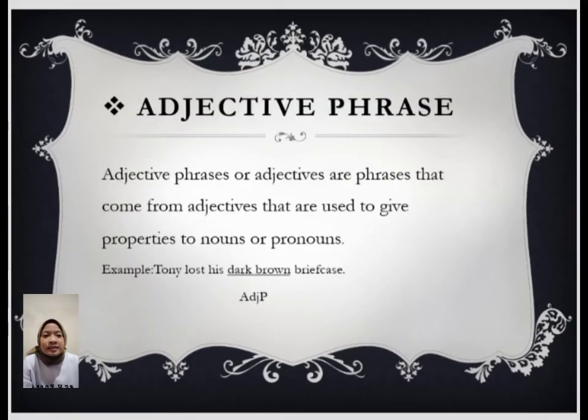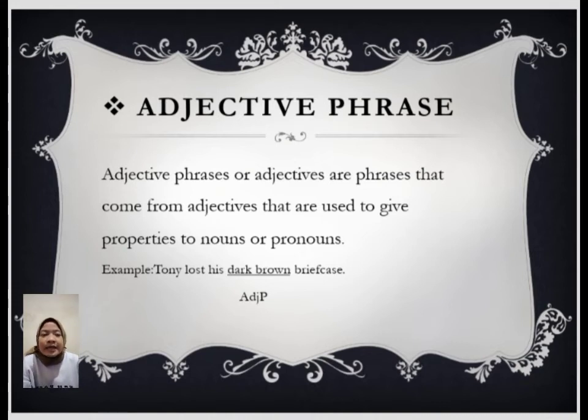Adjective phrase. Adjective phrases are phrases that come from adjectives that are used to give properties to nouns or pronouns.